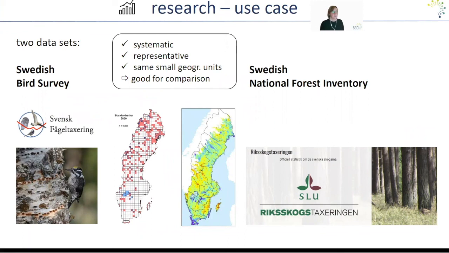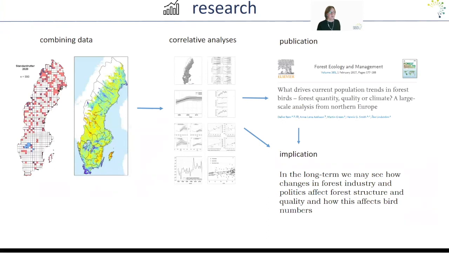Those are systematic data, they are representative, they are collected in the same small geographic units, and this makes it really good for comparison. By combining the data, we can then do correlative analysis that gives results that can be shared by publication, and results that also have implications that may be important for sustainable use of resources.